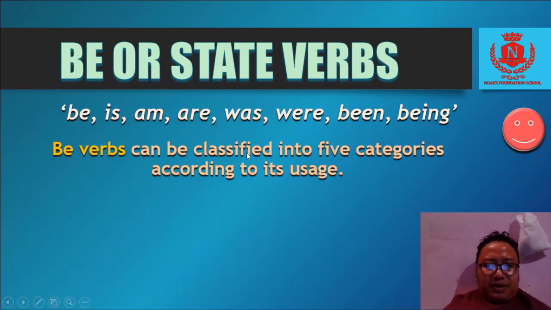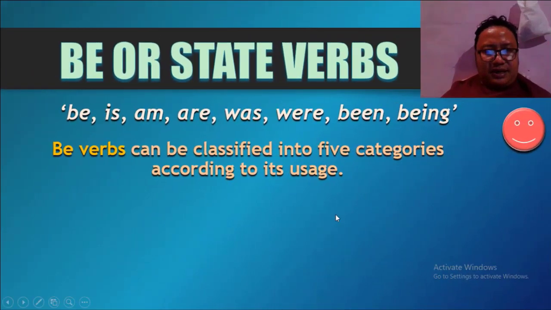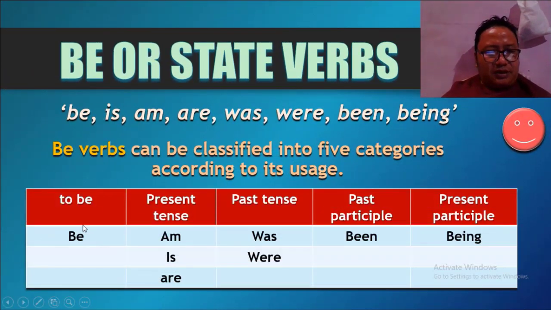Be verbs can be classified into 5 categories according to their usage. Here, this is the base: be. For present tense, you can have am, is, are. These are the present tense.